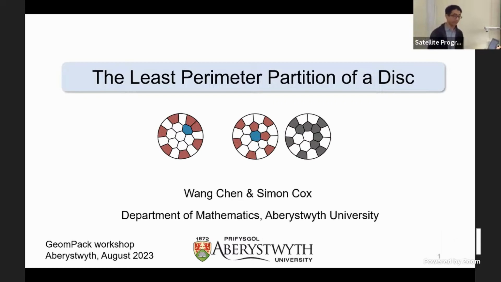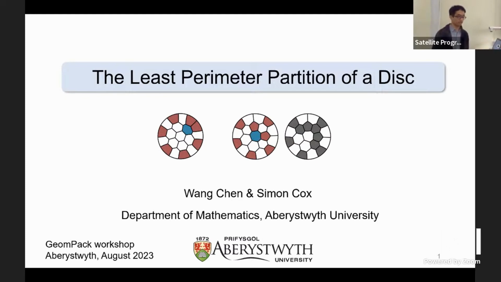And what's the situation for the least perimeter partition of a disk into two different areas? Some research has also provided conjectured solutions when n is less than or equal to 10, where they consider half of the regions small and half large.